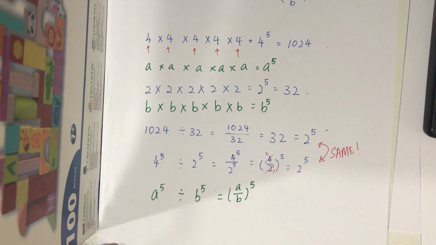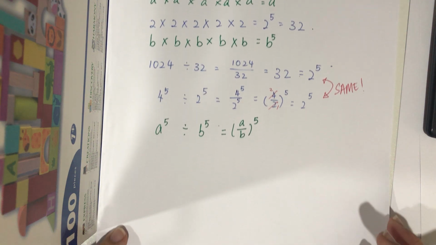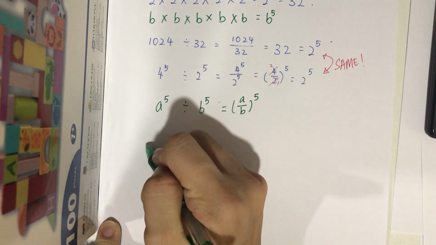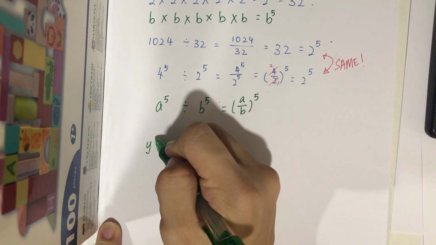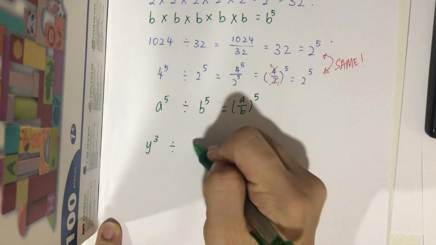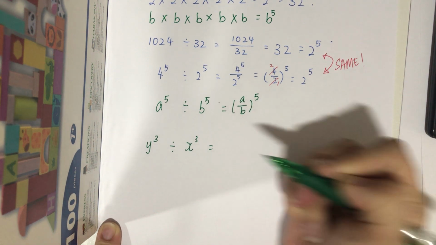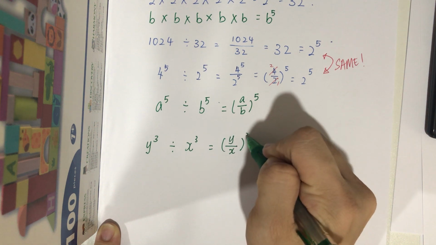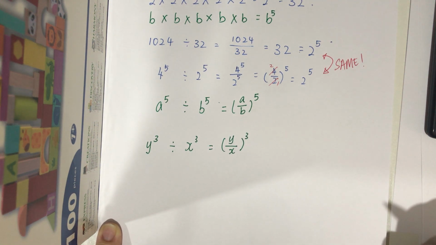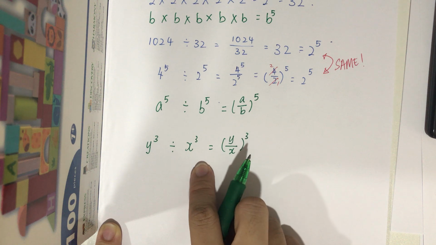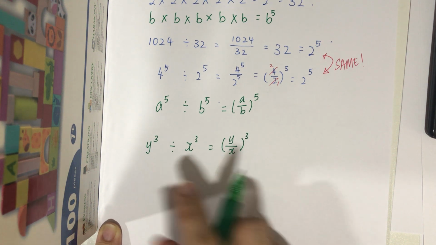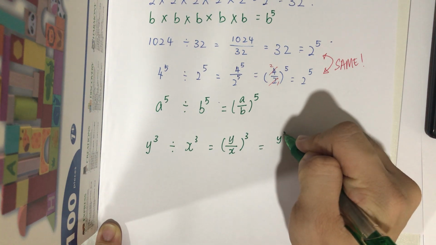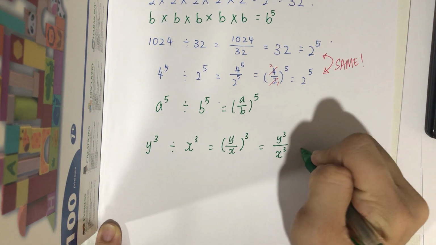Okay, so if there are questions in the test and exam that give you y to the power of 3 divided by x to the power of 3, you will have y over x, bracket, to the power of 3. How to get to this is actually y cubed over x cubed.